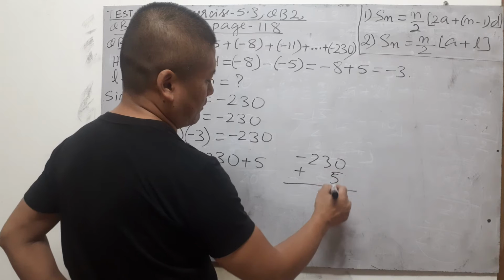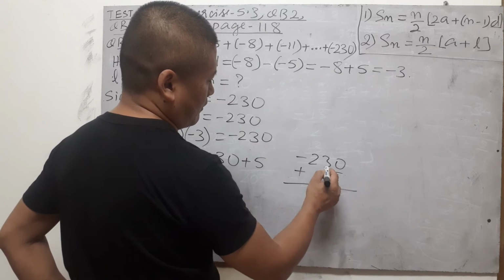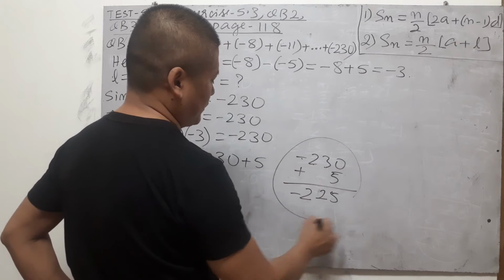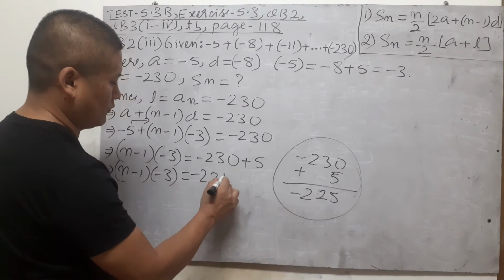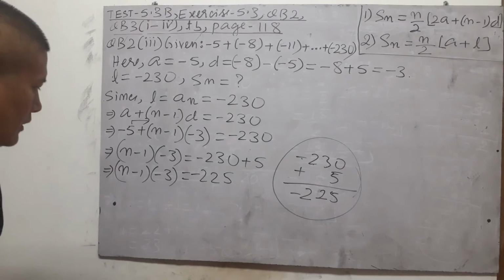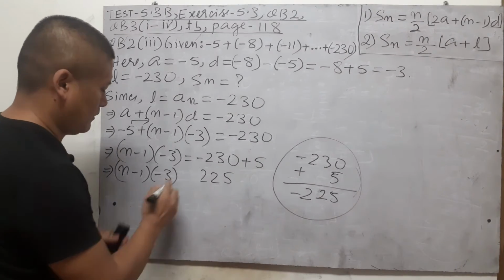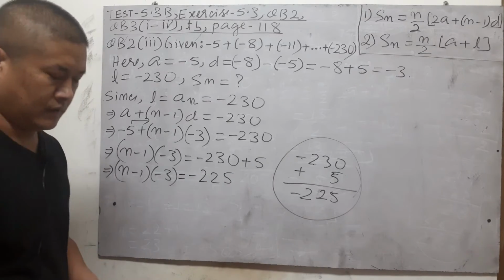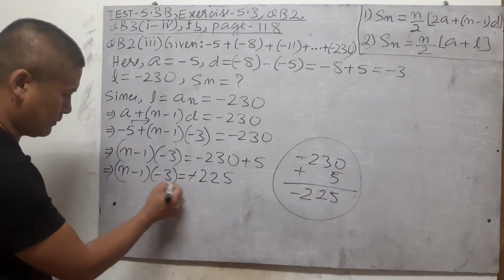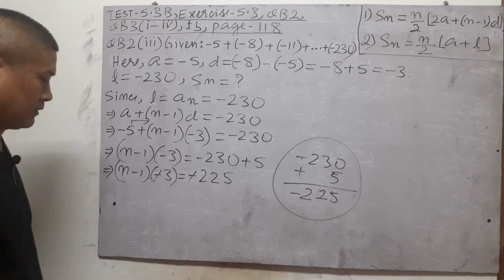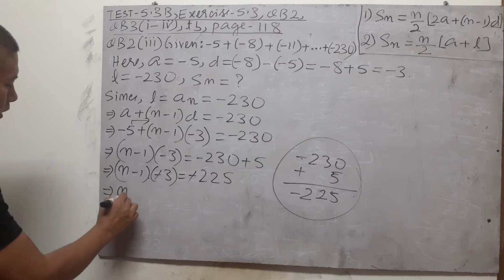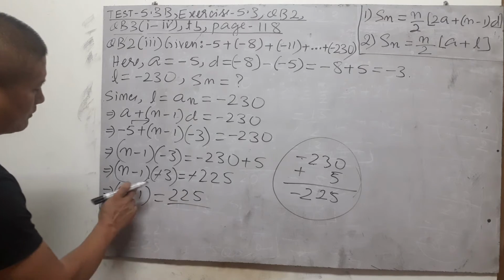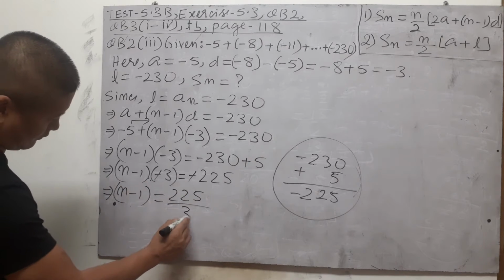So subtraction, 10 minus 5, 5. 1 taken from here, so only 2 left, and here 2 minus 2, so minus 225. Then the minus on right and left can cancel because in between is the into sign. And now we can write n minus 1 equals 225 divided by 3, which goes down on the right side.